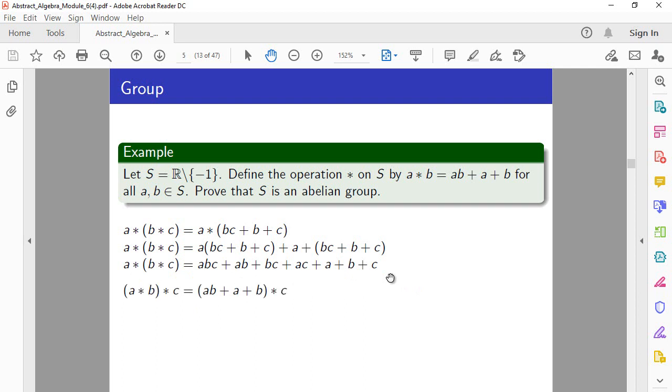Now let's calculate (A star B) star C. What is A star B? A star B is AB plus A plus B. Now what is this quantity in parentheses star C?